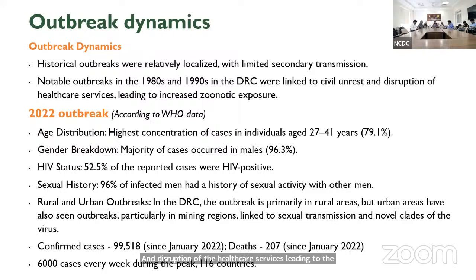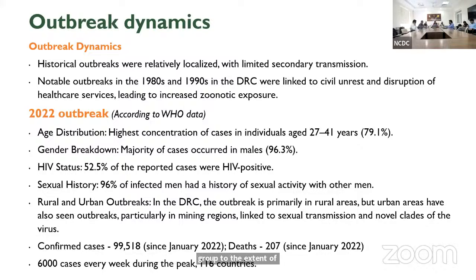But the 2022 outbreak marked a significant concern to the global community because the age distribution was among the economically productive age group, between 27 and 41 years, and a high concentration of cases was noticed in this age group, to the extent of 79.1%.